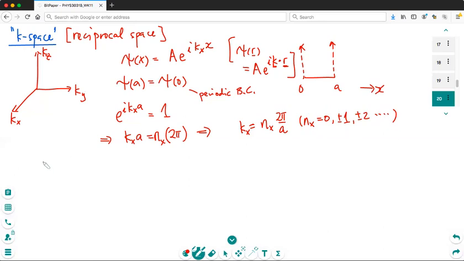Okay, so now I can write my kinetic energy, and I will use h bar rather than h. So I will have k squared, right? This is the way to write the energy, h bar squared k squared divided by 2m, and k squared is the sum of the squares of the components.